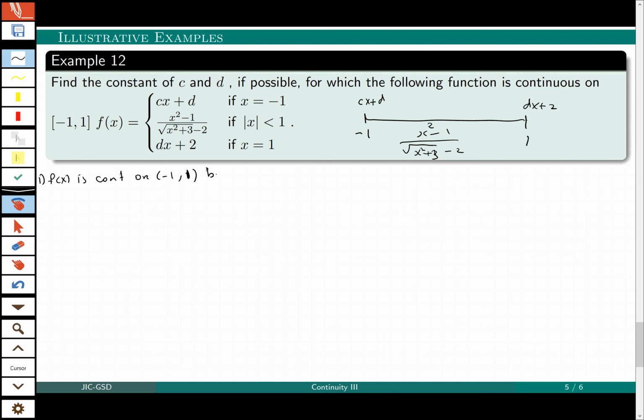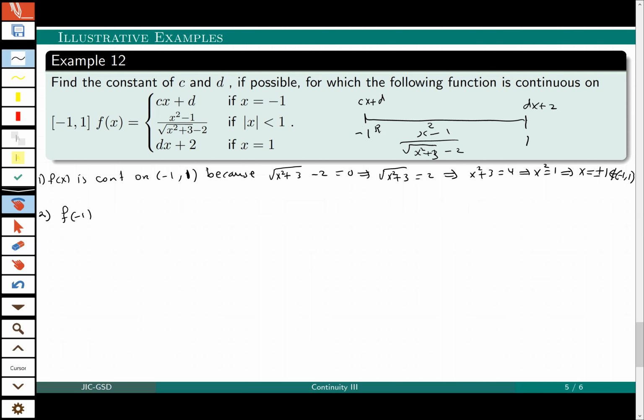The reason is that our denominator, when it is equal to 0, x squared plus 3 minus 2 equals 0, means root x squared plus 3 equals 2, so x squared plus 3 equals 4, which means x squared is 1, so x is plus or minus 1, but that is not in the interval minus 1 to 1.